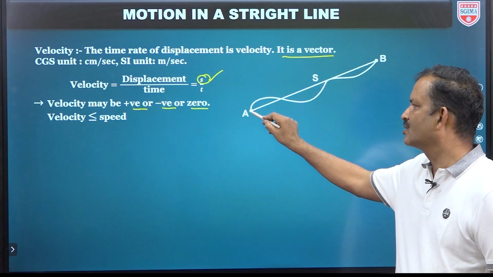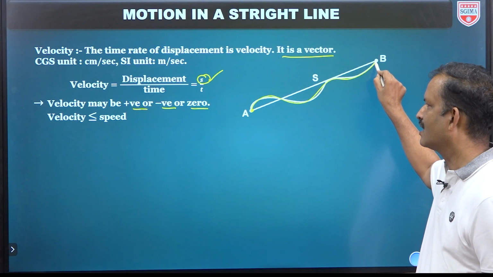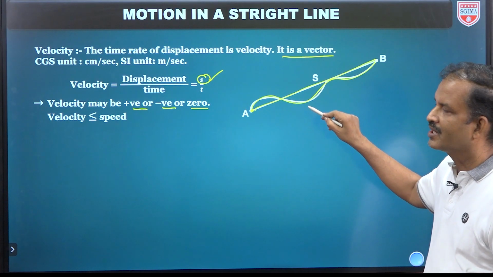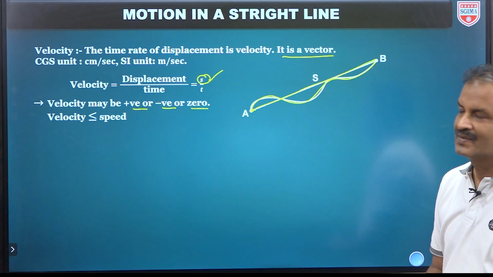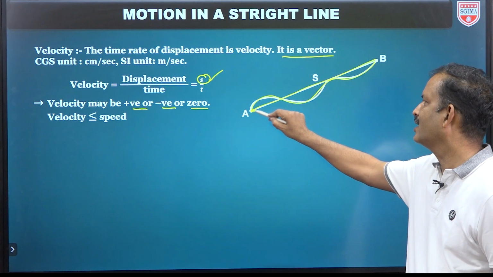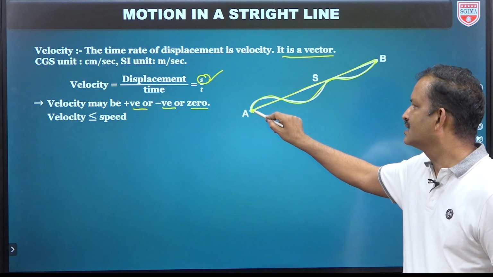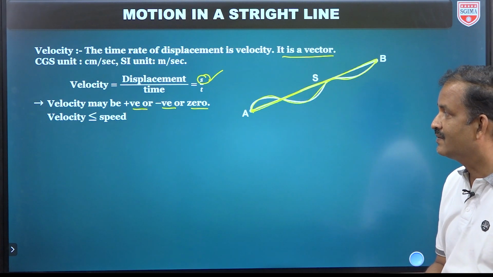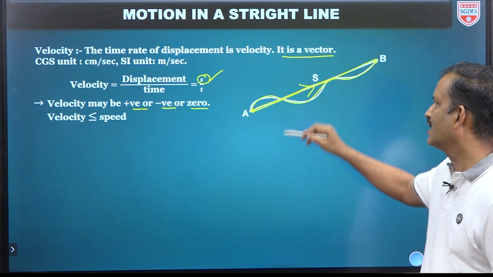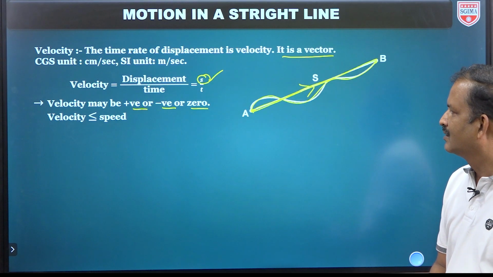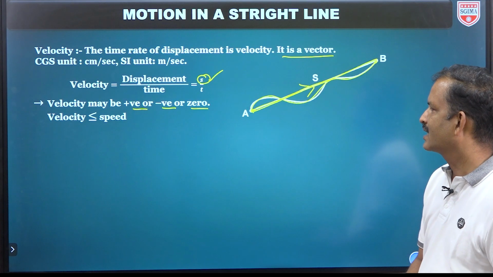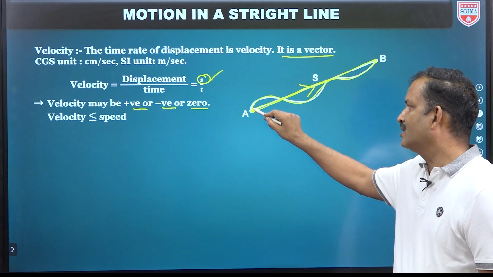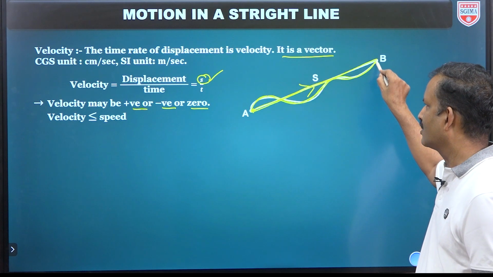Suppose the body is going in this way, but we are not considering that. We are considering the displacement by time. Join the initial point and final point; this displacement by total time taken is velocity. Velocity has a particular direction, the displacement direction. But if you want speed, you have to find this path length by time.